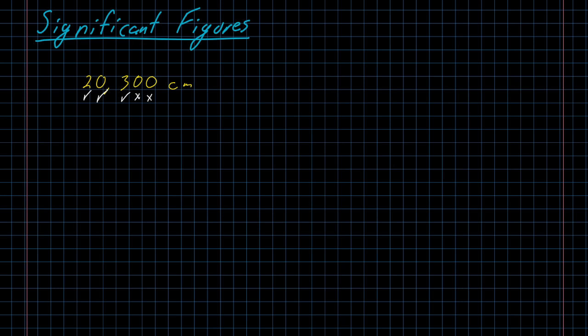I rounded this measurement to plus or minus 100 centimeters. If that's not the case, we have to figure out a different way of notating it. But the convention is going to be, when you see a number written down like this, we're going to assume that those zeros at the end of a whole number represent that we rounded at that point.